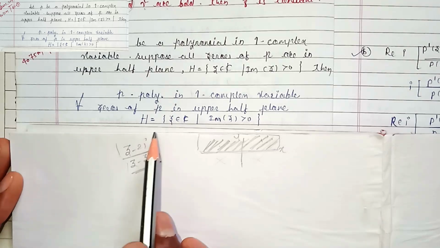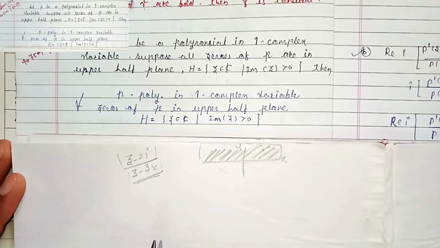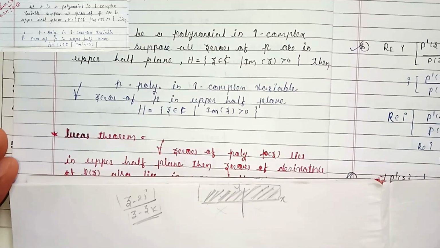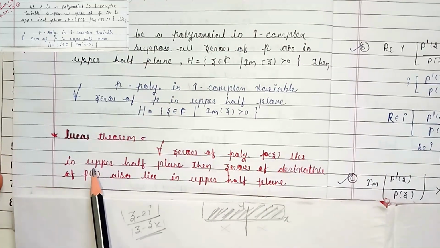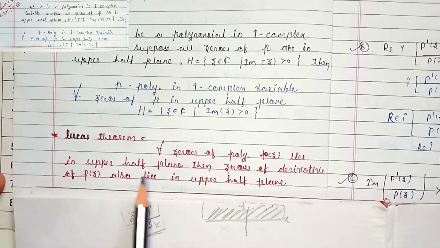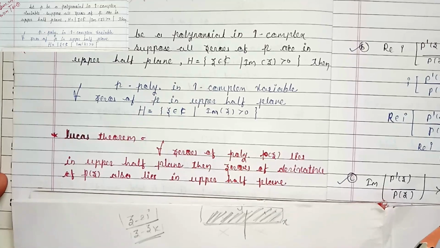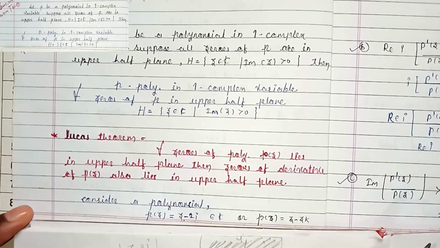And we have been given the upper half plane, where the imaginary part of z is bigger than 0, and similarly this example matches the statement of the Lucas theorem. So Lucas theorem says that if all zeros of a polynomial P(z) lie in the upper half plane, then the zeros of the derivative of the polynomial P(z) also lie in the upper half plane. Now let's consider some counterexample for our options.